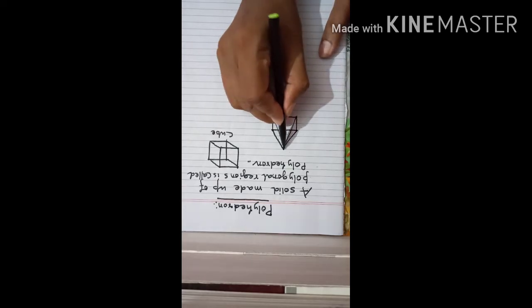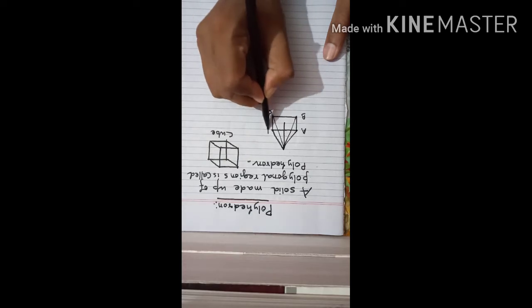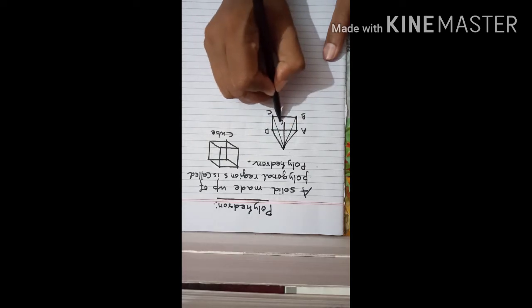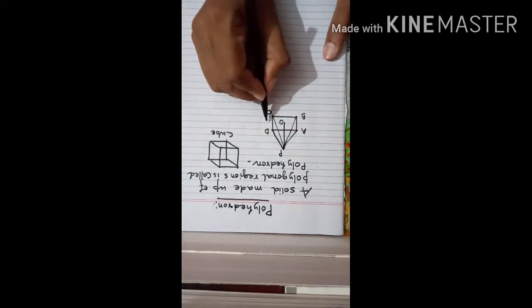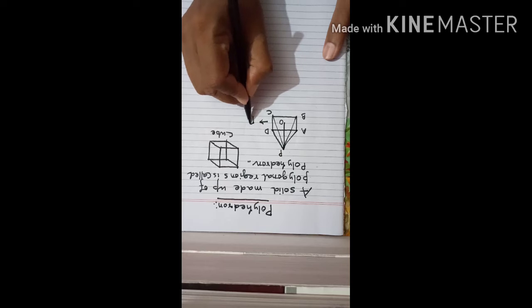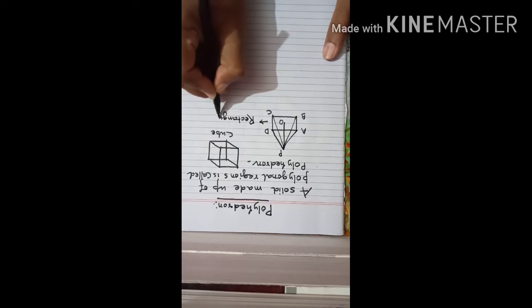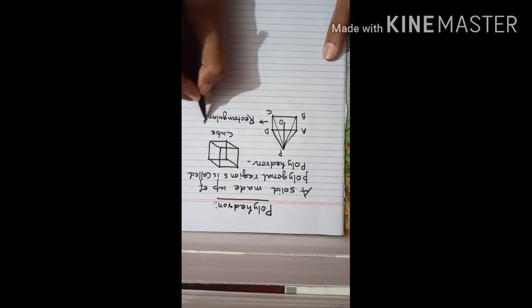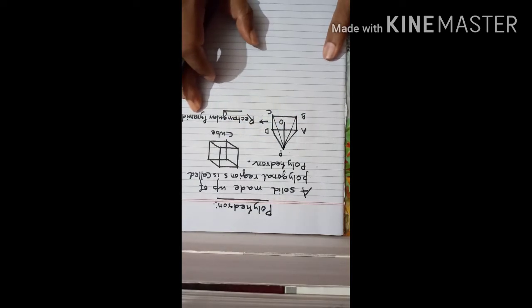Okay, this is also a pyramid. Suppose A, B, C, D, this is O, this is P. So this is also a rectangular pyramid. These are all polyhedron, a solid made up of polygonal regions.